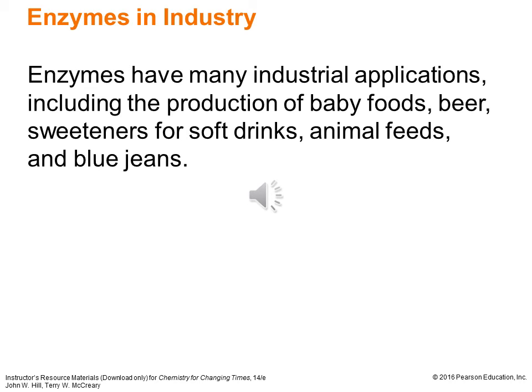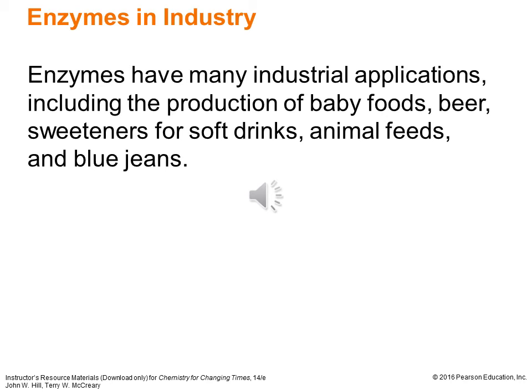Enzymes are also an important part of the chemical industry, especially food industry applications. Production of baby foods, the production of beer, these microbreweries will often use enzymes to help move the processes along. Sweeteners for soft drinks, animal feeds, even things like blue jean dyeing and production can involve the use of enzymes.